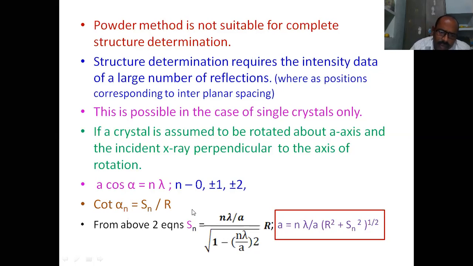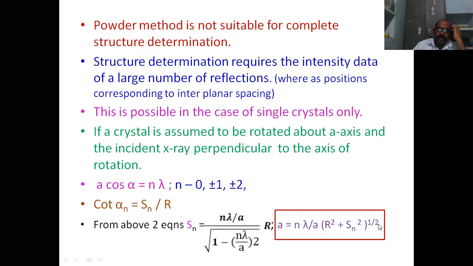Sn is the distance between the zero layer line and the nth layer line above it. If we square on both sides and write the equation for A, we get A is equal to n lambda by (R square plus Sn square) whole power 1 by 2.